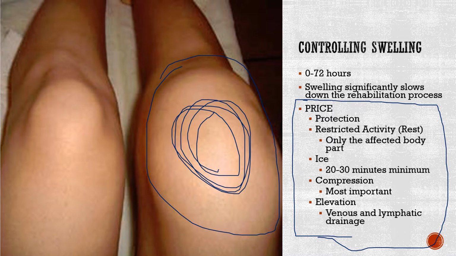And so when we get into controlling swelling, what we really need to get into is venous and lymphatic drainage, because that's how the swelling is going to be eliminated.